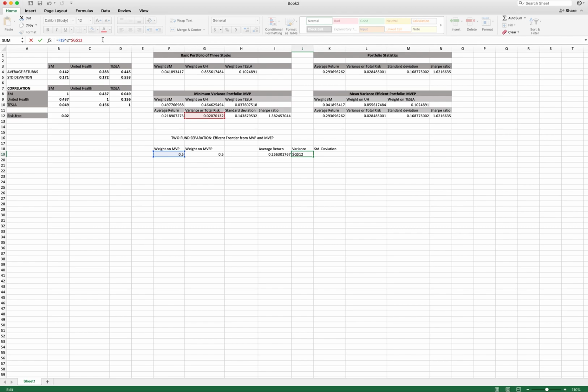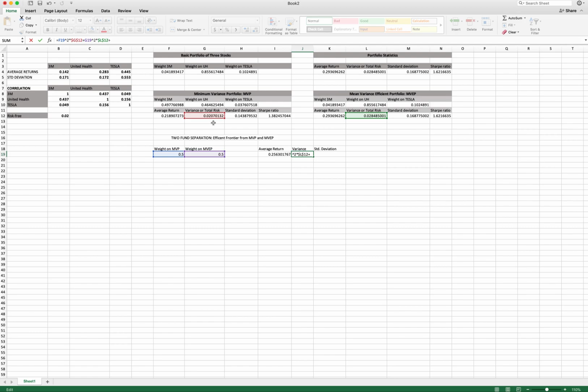Plus the weight on the MVEP squared times the variance on the MVEP. And again, I'm gonna put some dollar signs here so it is protected.